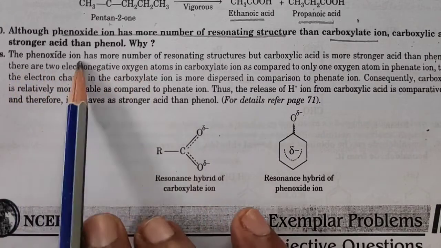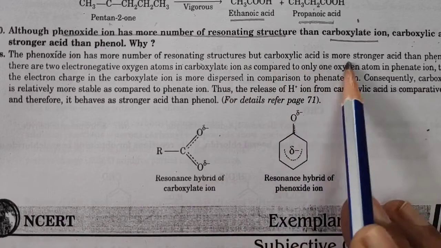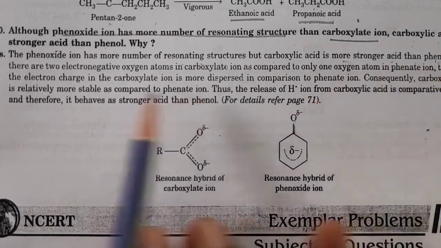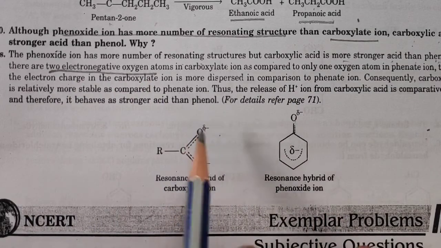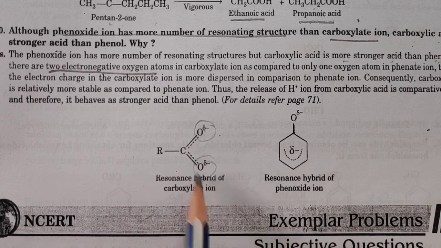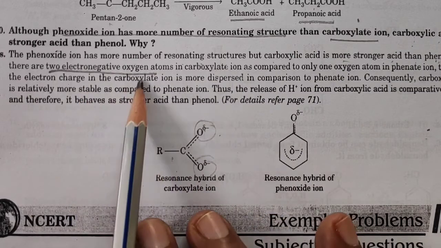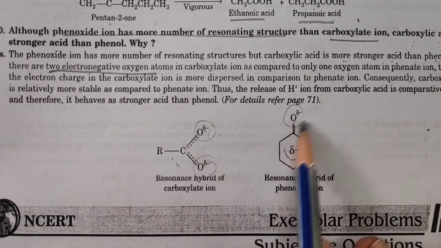See, the phenoxide ion has more number of resonating structures, but carboxylic acid is a stronger acid than phenol, since there are 2 electronegative oxygens. You can see in this carboxylate ion, there are 2 electronegative oxygens of carboxylic acid, what we say, carboxylate ion, 2 electronegative oxygens, while in phenoxide ion there is only 1 oxygen.